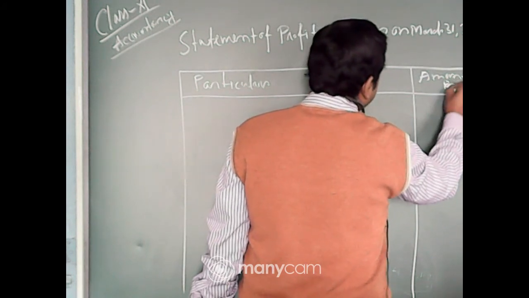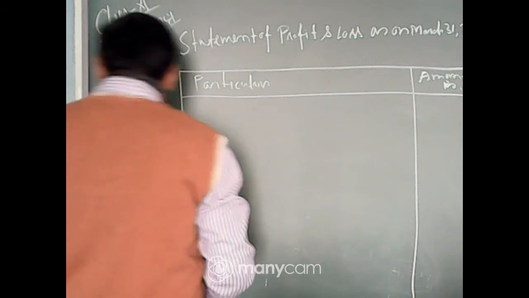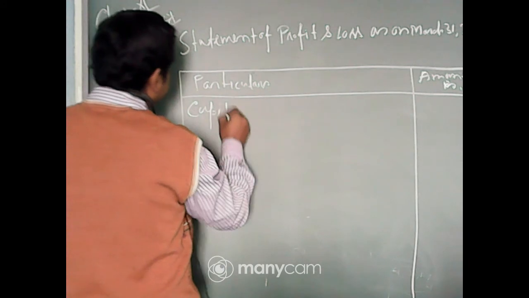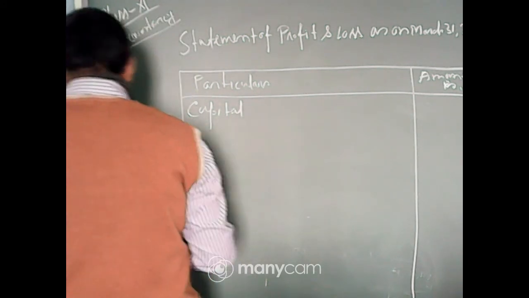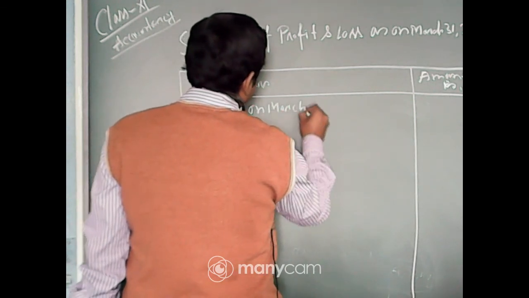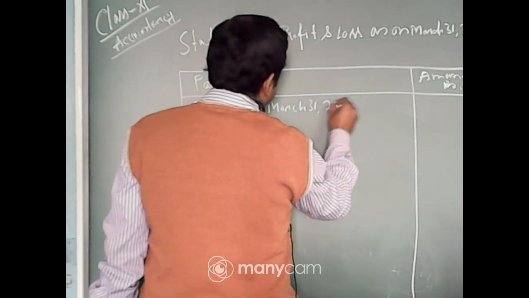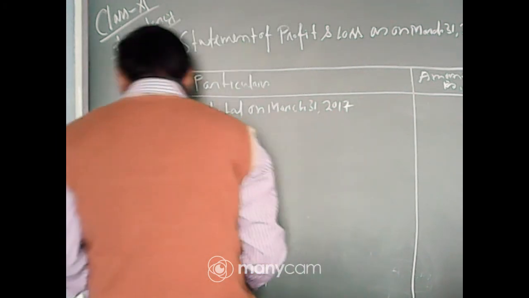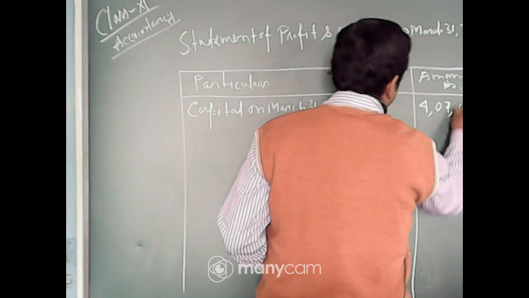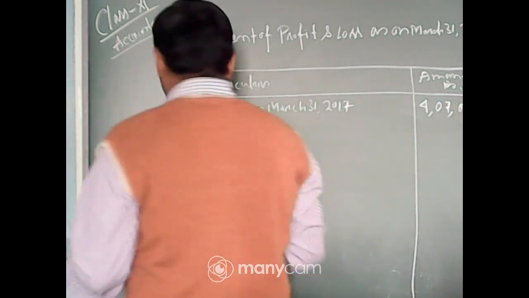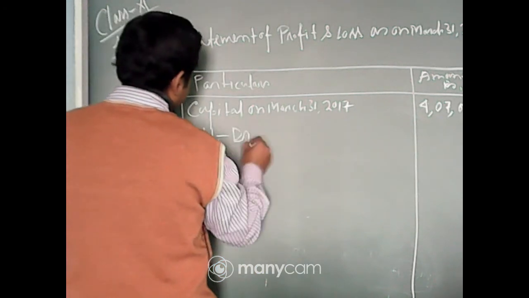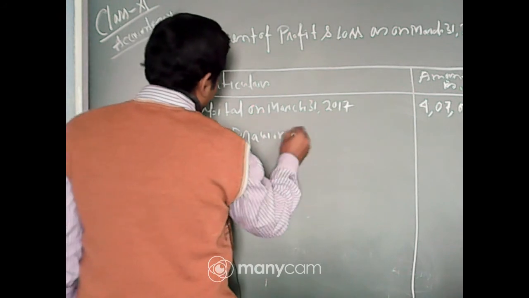Where do you start from? You have to start from the closing capital. So capital on March 31, 2017. What is the value? We have just revealed 4,07,000. Now we have to add drawing. So drawing should be added.